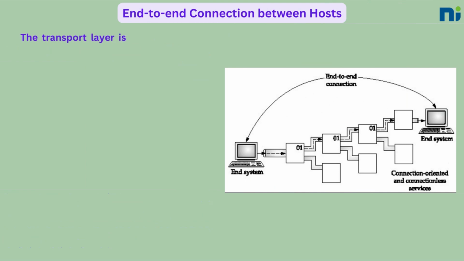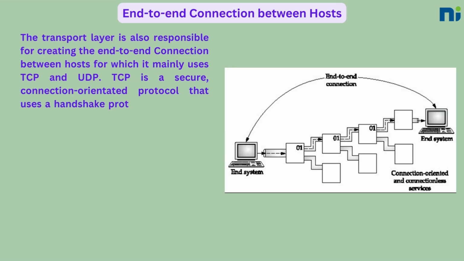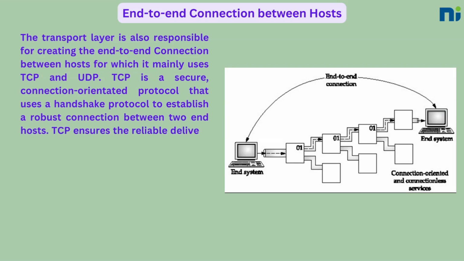End-to-end connection between hosts. The transport layer is also responsible for creating the end-to-end connection between hosts, for which it mainly uses TCP and UDP. TCP is a secure, connection-oriented protocol that uses a handshake protocol to establish a robust connection between two end hosts.